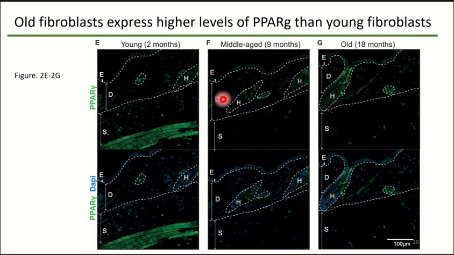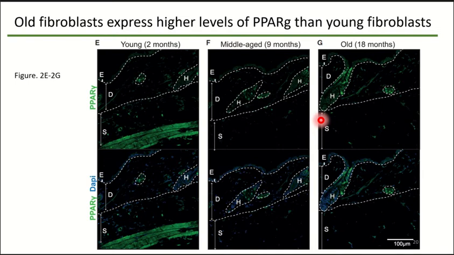So we can see from the figure that in 2-month-old mice, there is a lot of green fluorescence and fewer fat cells, and there is less fat by middle age, and then by old age, they have a lot more fat cells.